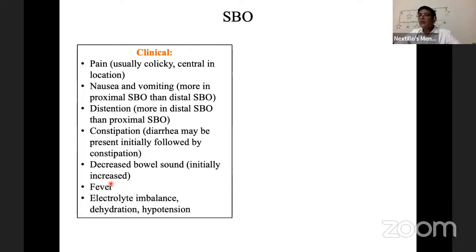The main electrolyte abnormalities in small bowel obstruction are sodium, water, and chloride loss. This we have to keep in mind when we are going to manage the patient, that these are the electrolytes we have to concentrate on. So mainly it is sodium and chloride, and along with that we have water, fluid.